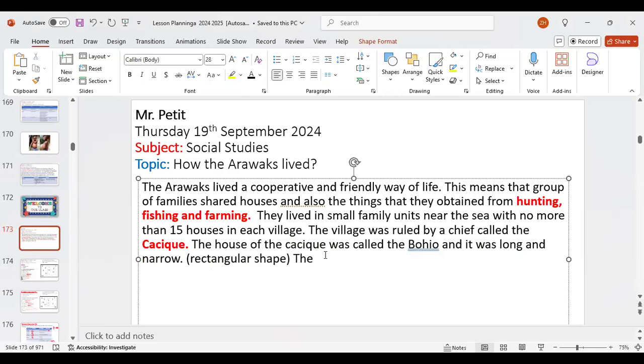So the houses of the ordinary people were bell-shaped.